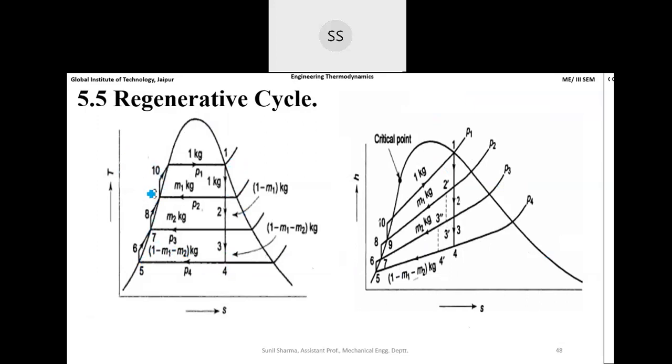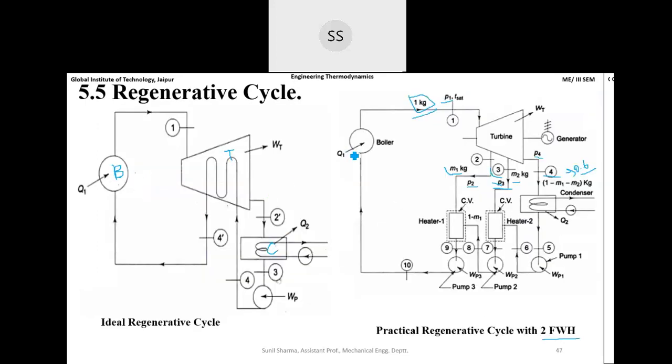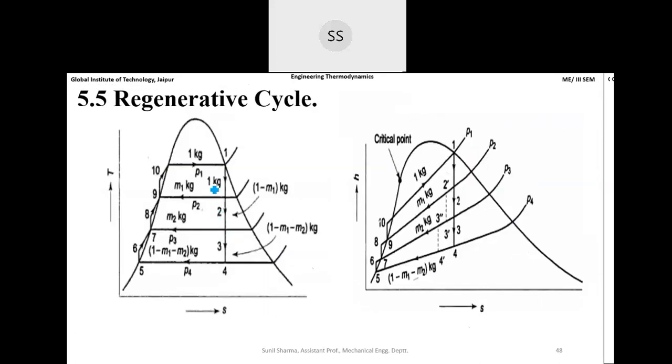Now the first feed water heating, at the very high pressure: 1, 2, then 9, 10. So 1 to 2 at first very high pressure, then 9, 10.